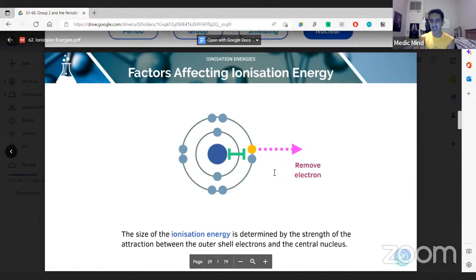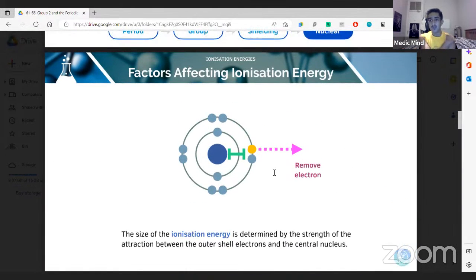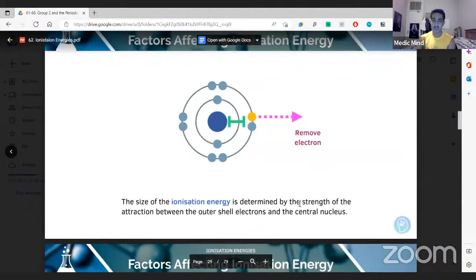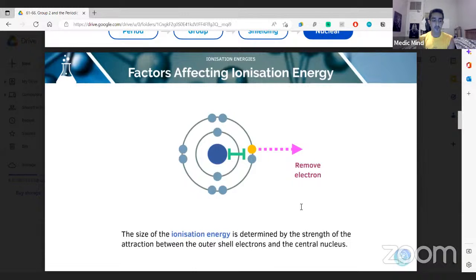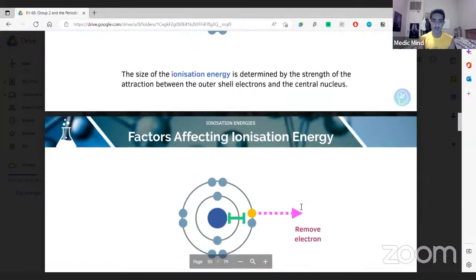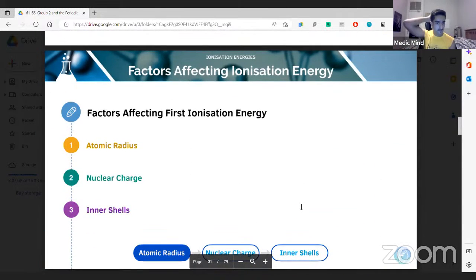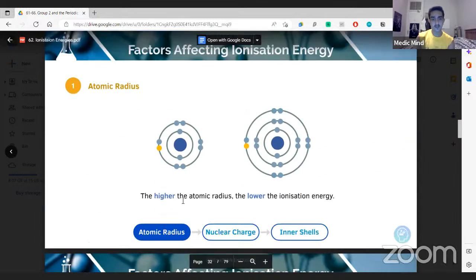The size of the ionization energy is therefore determined by your relative effective nuclear charge, because the more shielding, the lower the ionization energy will be, and the more the nuclear charge, the higher the ionization energy will be. So the three factors that affect ionization energy are the atomic radius, the nuclear charge, and the shielding effect.